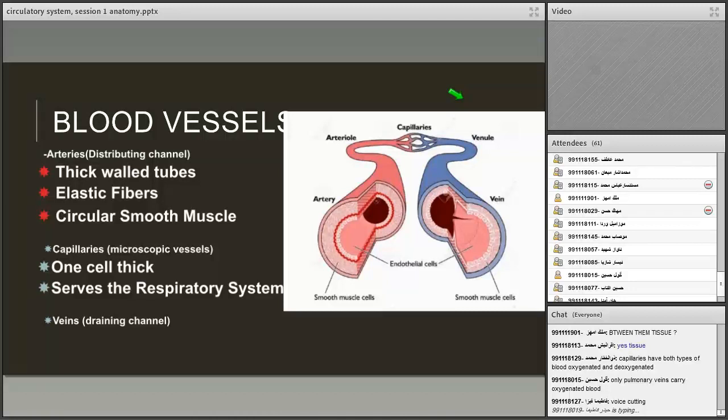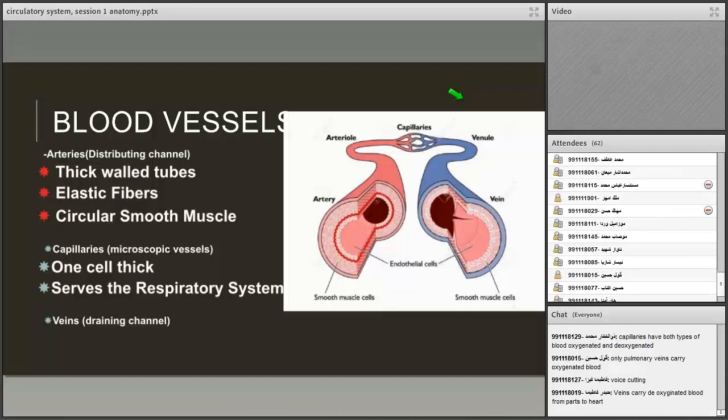So, we were talking about the arteries at first. We said that the arteries are the distributing channels, and they have thick walled tubes. They have elastic fibers and also circular smooth muscle.